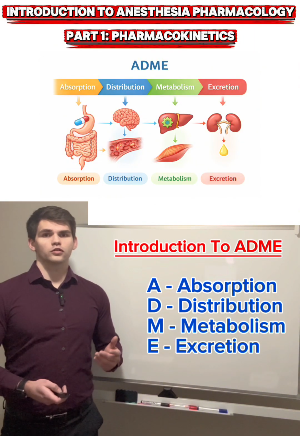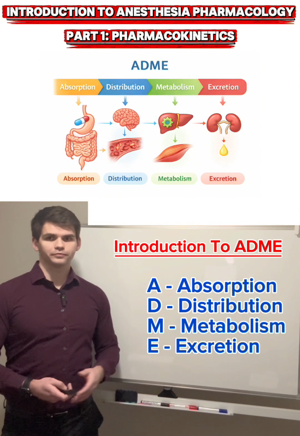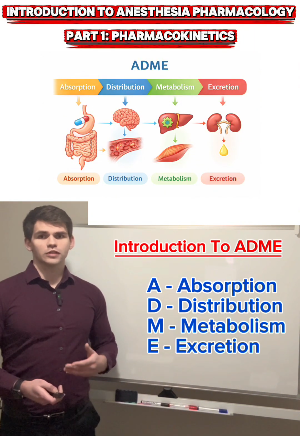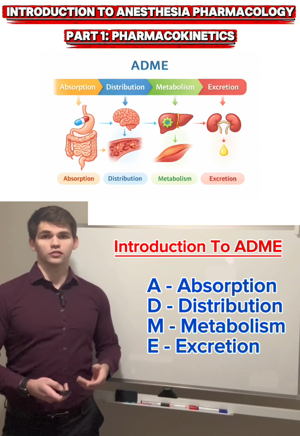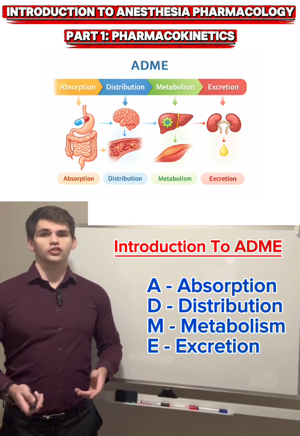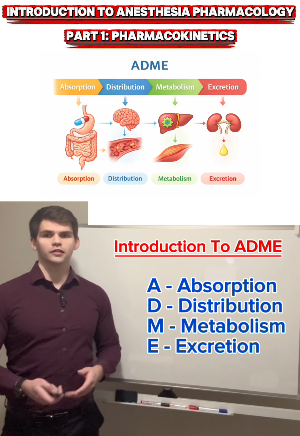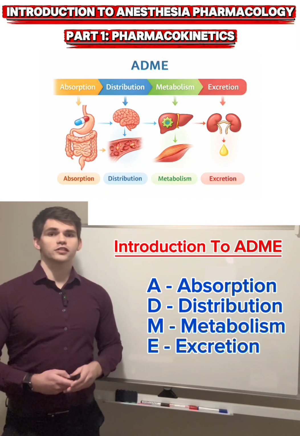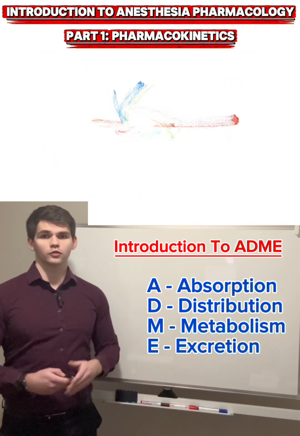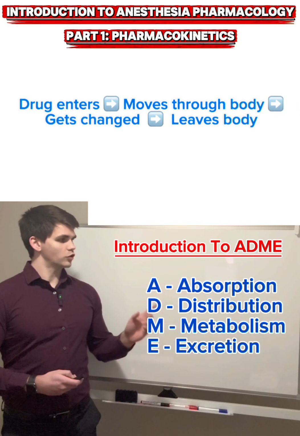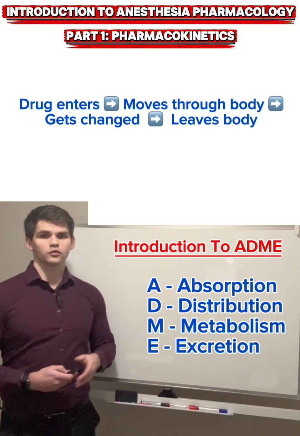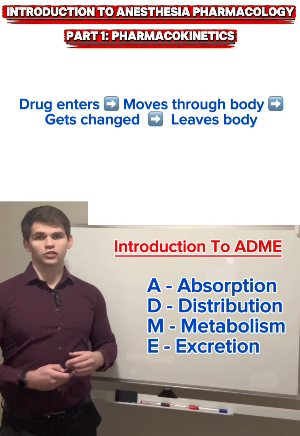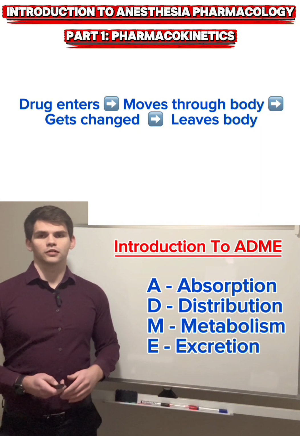Distribution is where the drug goes once it is in the bloodstream. Metabolism is how the body chemically changes the drug, and excretion is how the drug leaves the body. If you understand these 4 steps, you understand the basic framework of pharmacokinetics. So, drug enters the body, moves through the body, gets changed, and then leaves the body.